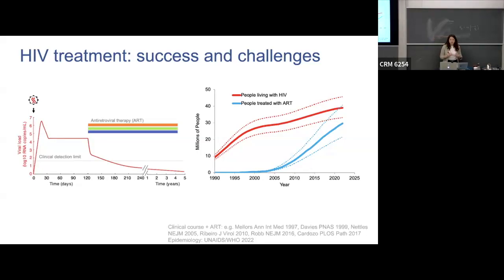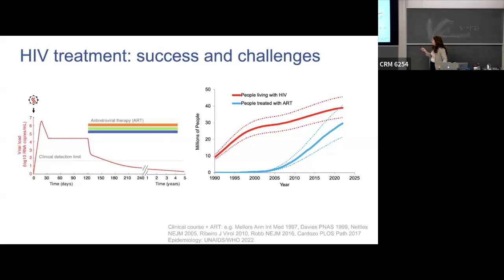Surprisingly, PEPFAR, which was an initiative by George Bush in the US, was one of the main catalysts of this original increase. And actually, a lot of that funding is in threat right now. But this has really eventually led to huge improvement for people around the world living with HIV.